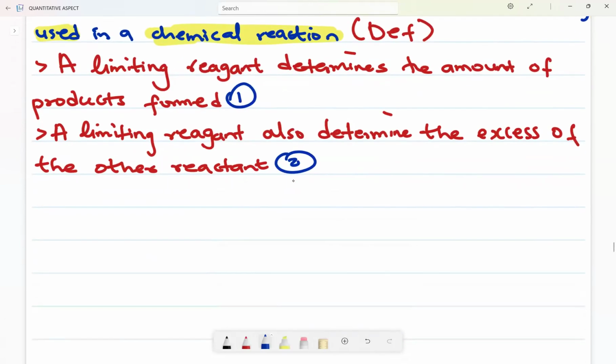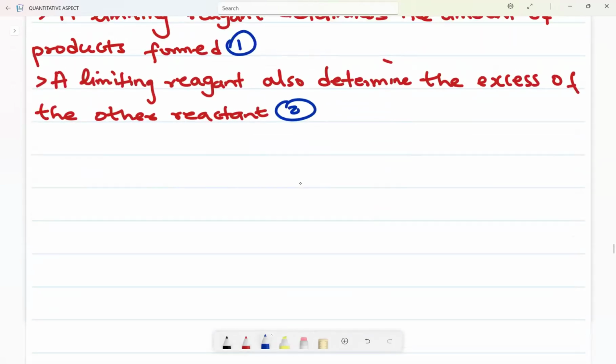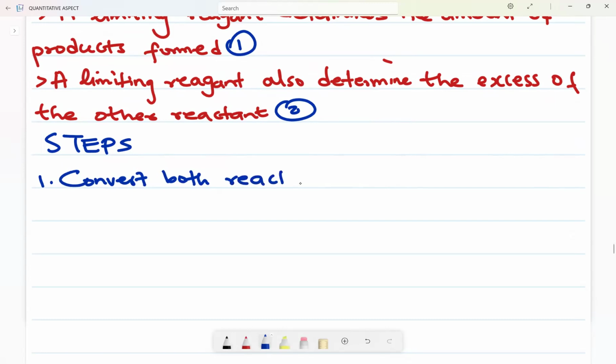Let's have an example. Steps on how to calculate a limiting reagent. First step: convert both reactants to number of moles.